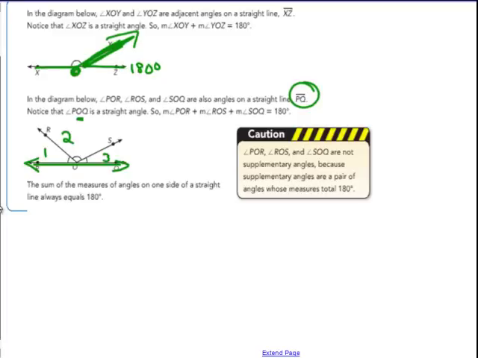So POR, ROS, and SOQ are not supplementary because they are not a pair of angles. But you can have 3 things or 4 things or 5 things that add up to 180 degrees because they make up a straight angle. The sum of the measures of the angles on one side of a straight line is always 180 degrees. So angle 1, angle 2, and angle 3, for POR, ROS, and SOQ, are all going to add to 180.